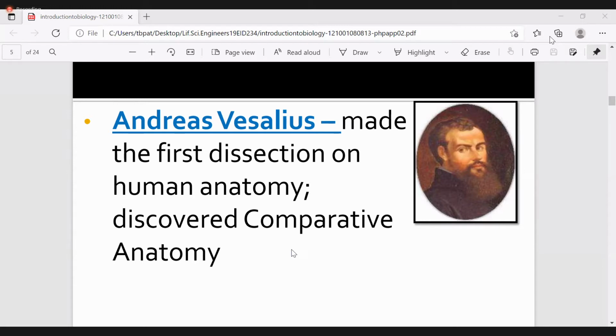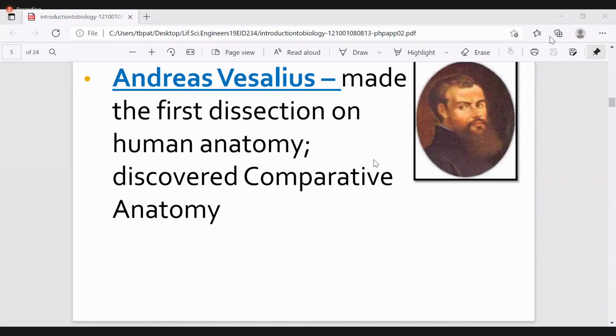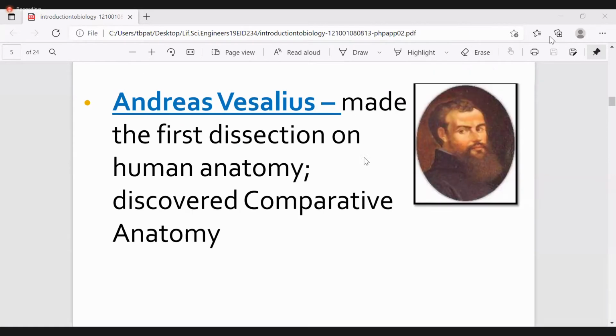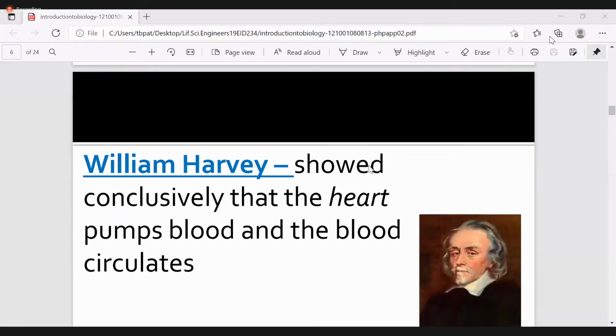The bone marrow prepares the blood cells. Yeah, in that way, there are a lot of comparative studies in anatomy and the different species. The next one is William Harvey.